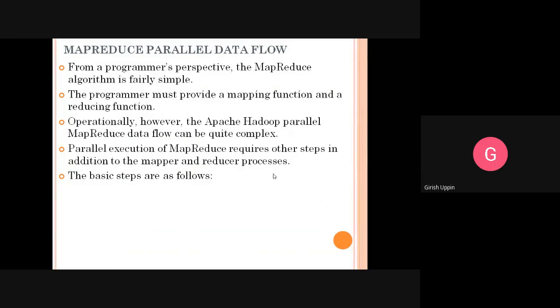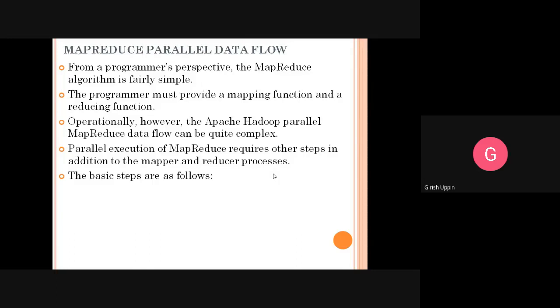The programmers must provide a mapping function and a reducing function. What mapping has to be done is decided by the programmer according to the application requirement, and likewise what the reducing function has to do.